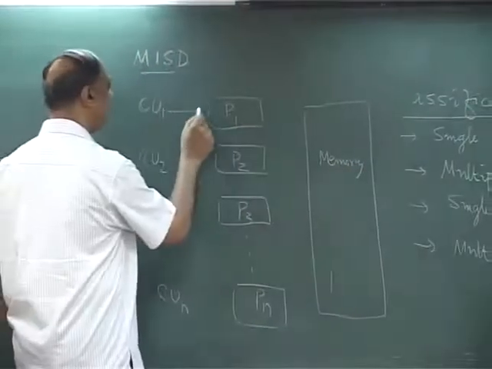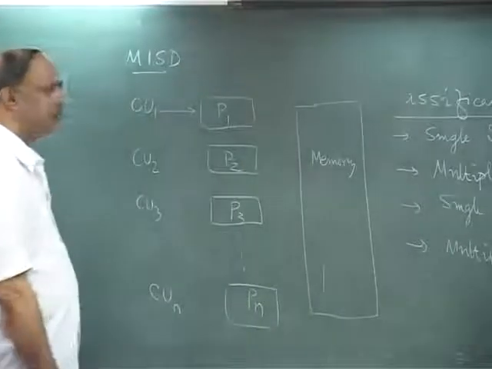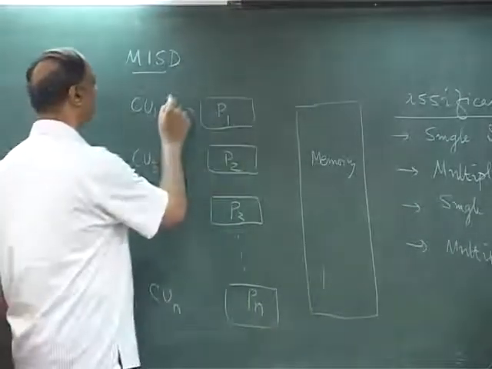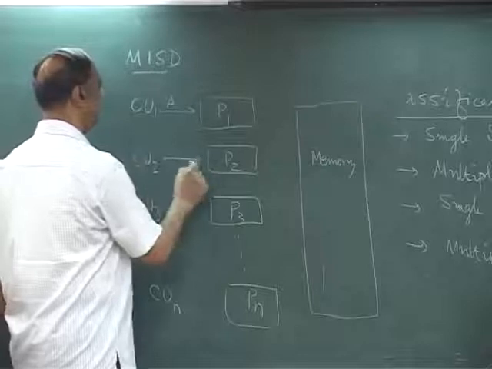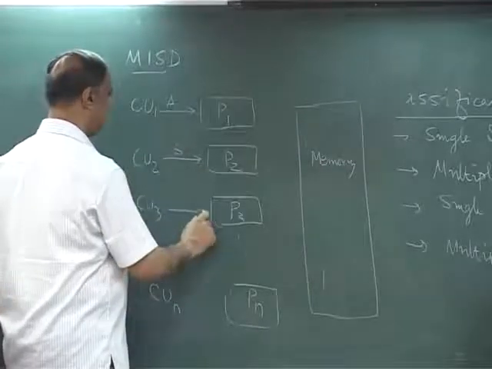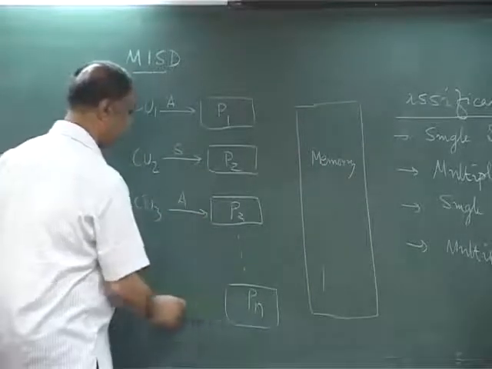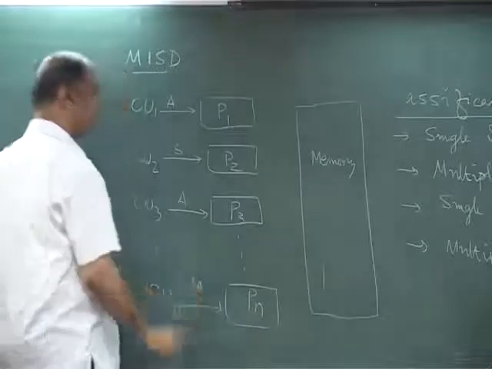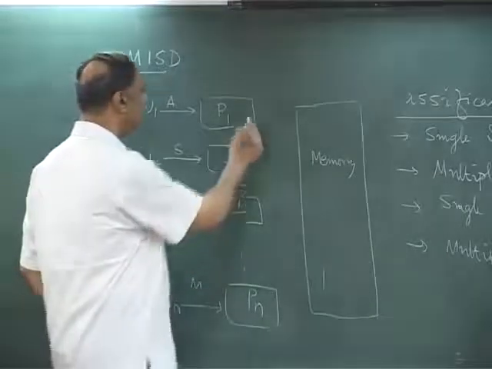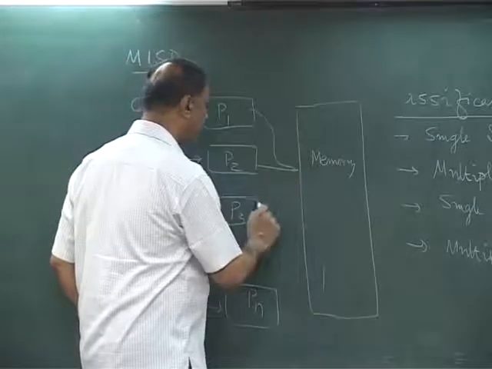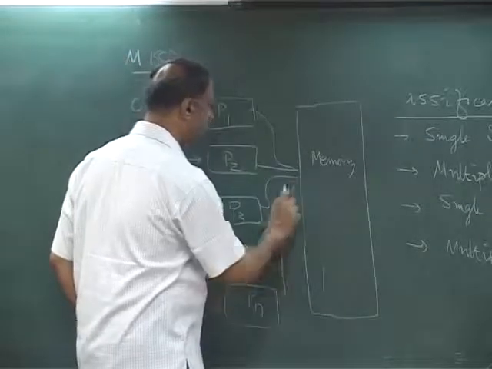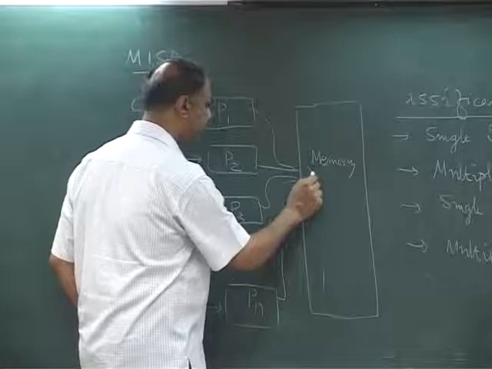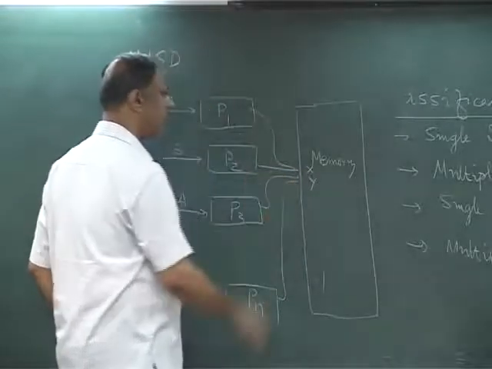The control unit C1 broadcasts one instruction to P1, say add, this may be subtract, this may be add, this may be multiply, and all the processors will get the data from the same memory locations.